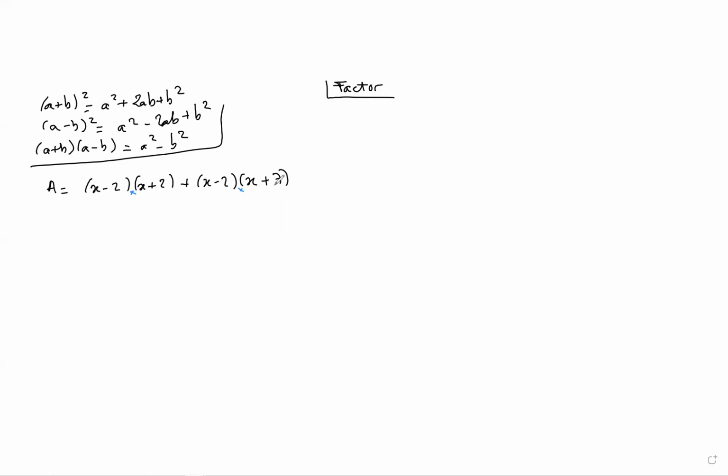I need to find a common factor, which means something that is both in the second and the first. And then I will write this, and it will be in common between the two multiplications.